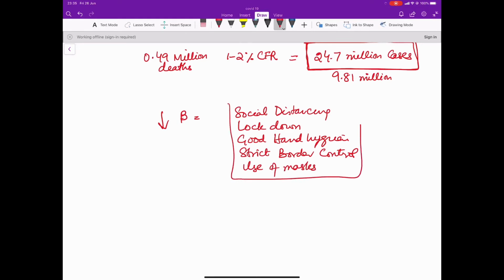So by this we can decrease the beta, which is the conversion from the susceptible to the infected. So we have to actually decrease this one.